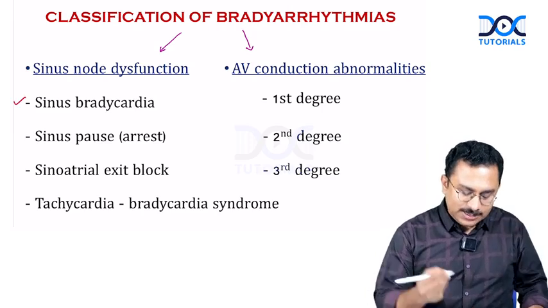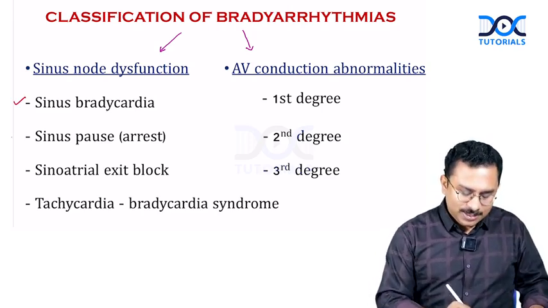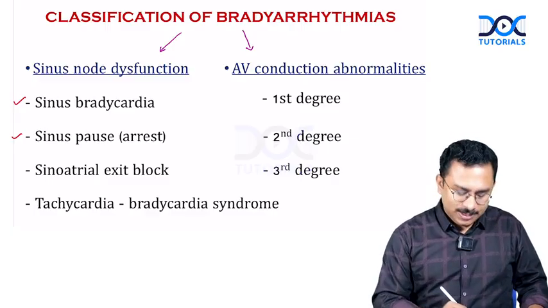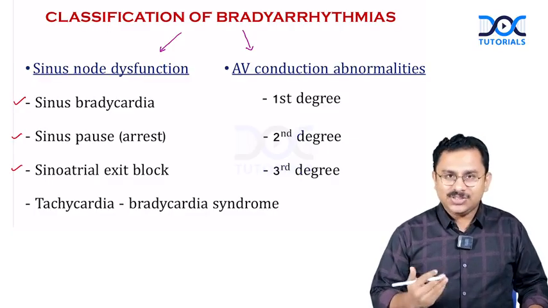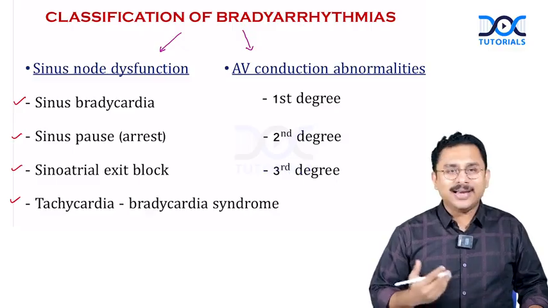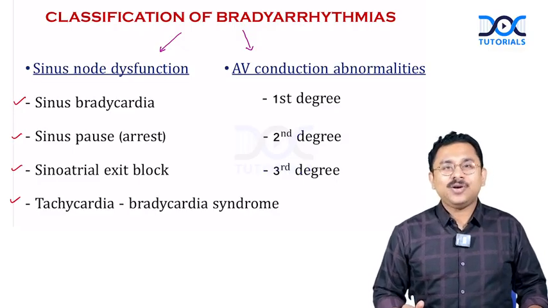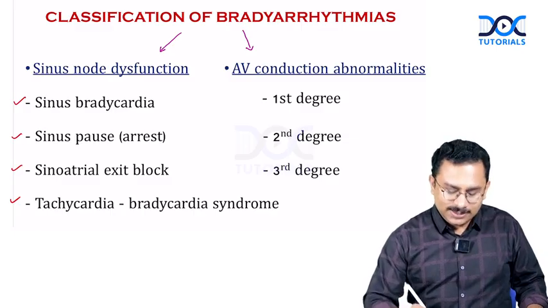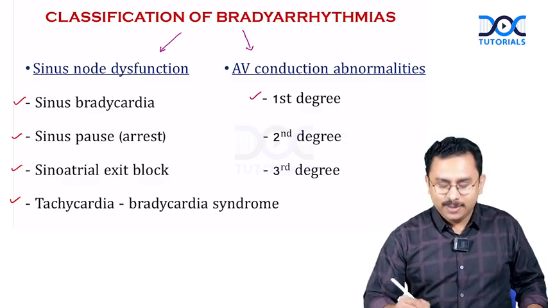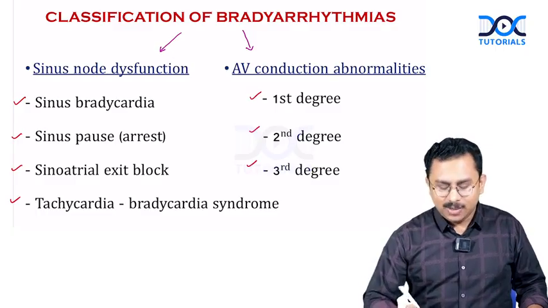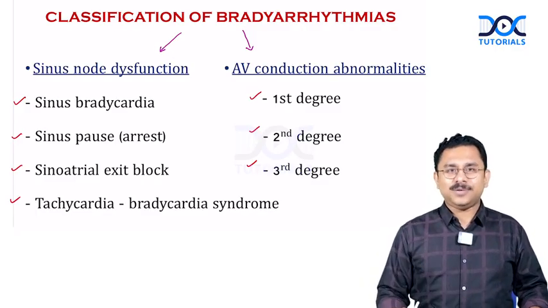You have got the sinus bradycardia, the sinus pause, also known as sinus arrest, the sinoatrial exit block, and the tachycardia bradycardia syndrome. And then you have got the AV conduction abnormalities, which can again be divided into first degree AV block, second degree AV block, and a third degree AV block, right?